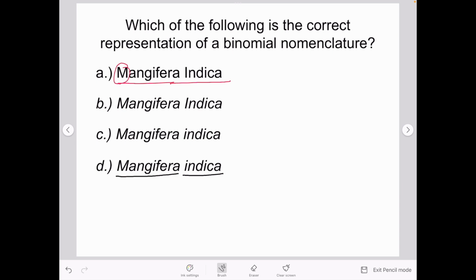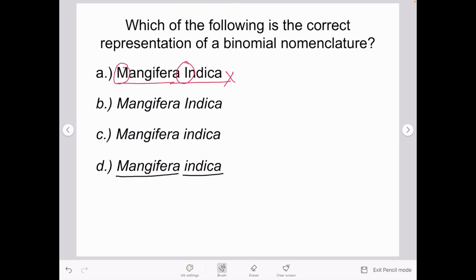Yes, it is. Are the rest of the letters of the name small? No. Here I is capital. The first letter of a species is not capital, it is small. So this is the wrong option.